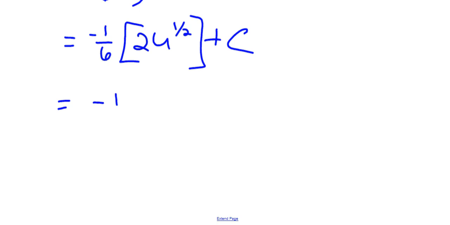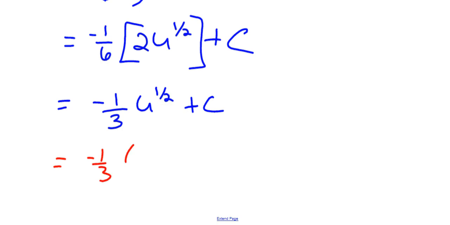I have -1/3 u to the 1/2 plus c, and now the last step will be my resubstitution, and I should get -1/3 parentheses 1 minus the 4x cubed raised to the 1/2 plus c.